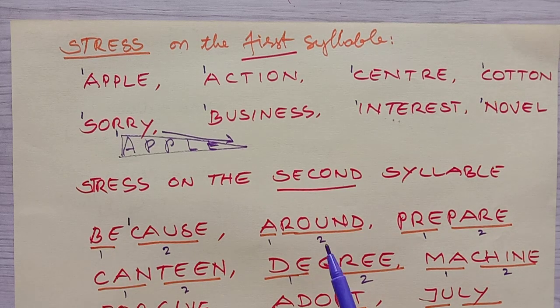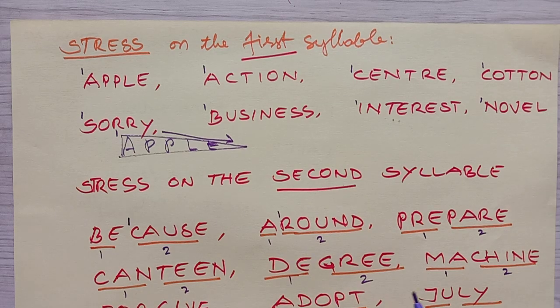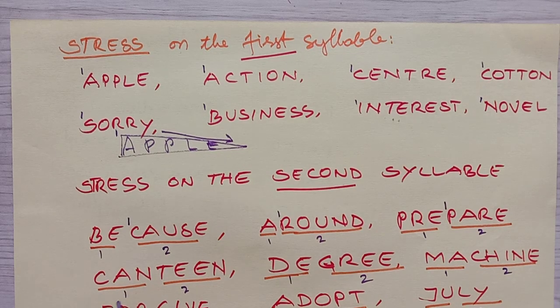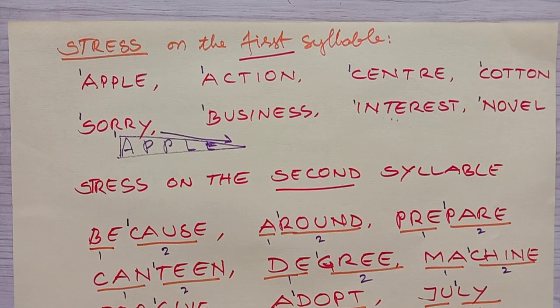Next, around, then prepare, then canteen, then degree, then machine, then forgive, then adopt, July.